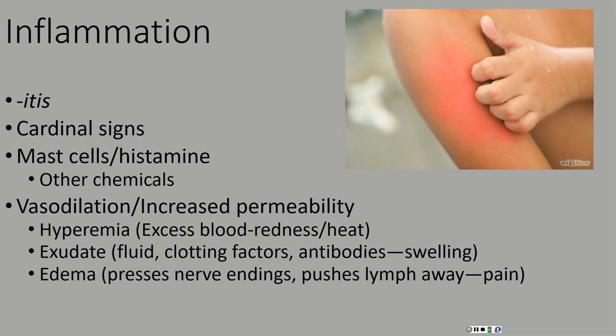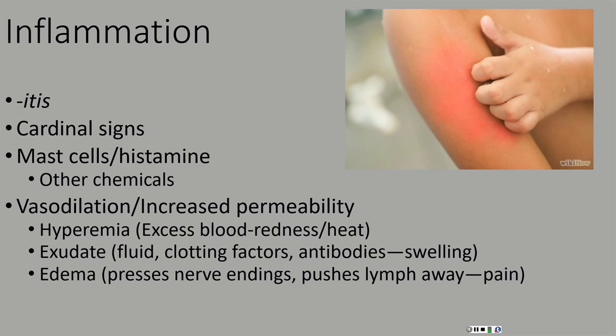And inflammation, we say it has 4 cardinal signs. And those 4 cardinal signs of inflammation are redness, heat, swelling, and pain. Redness, heat, swelling, pain are the 4 cardinal signs of inflammation.